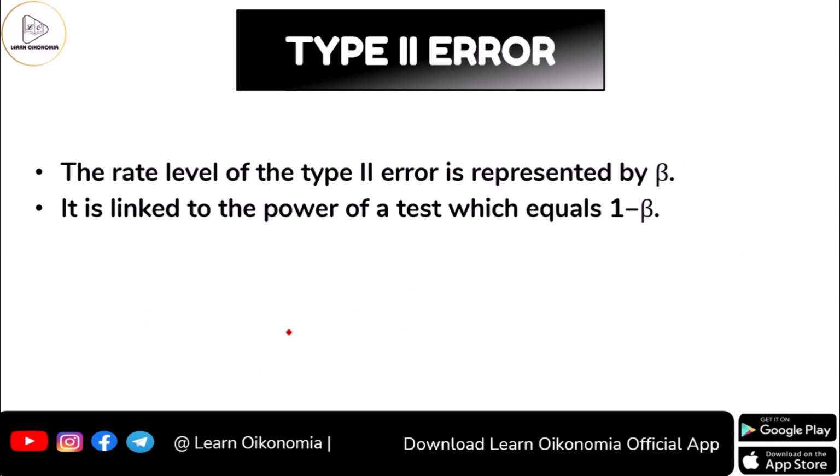Now, the rate or the level of the type 2 error is represented by beta, and it is something that you can link to the power of a test, which would be equal to 1 minus beta.